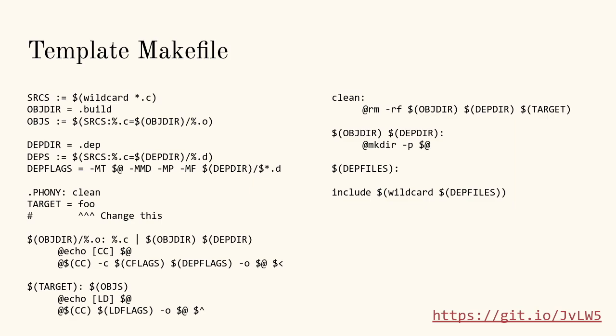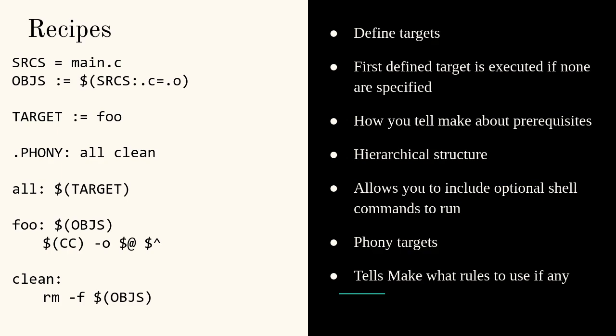So you mentioned the concept of a phony target that doesn't output actual files. How do you specifically specify that a target is phony? You just prefix it with a dot? Yeah, so .PHONY is kind of like a make directive, and there's a few of these, but this is really the only one you'll ever use.